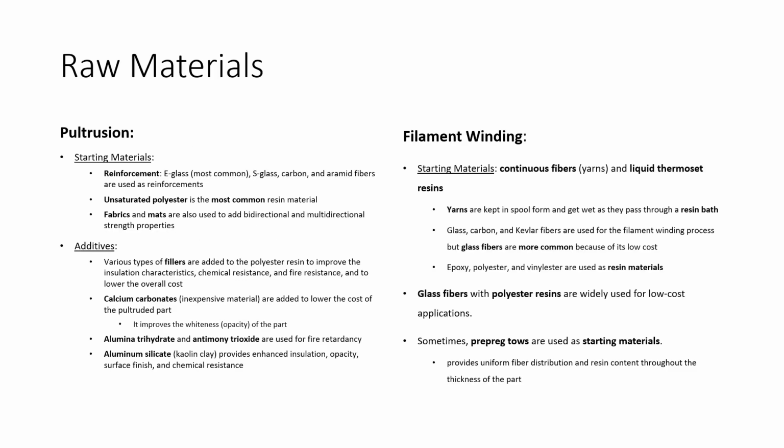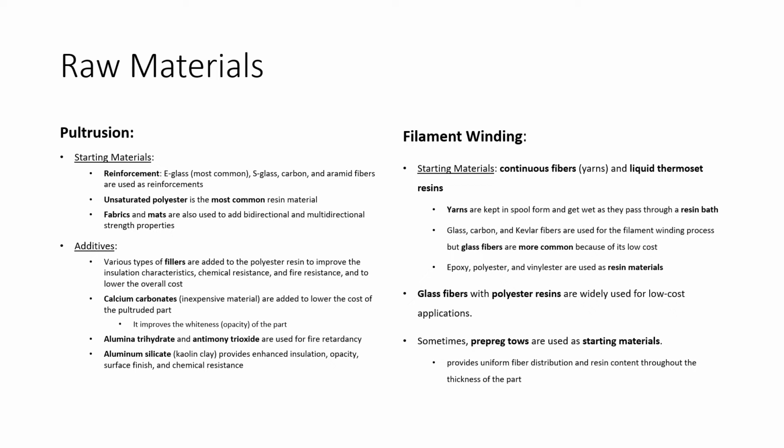The raw materials for the pultrusion process are the combination of a reinforcement and a resin, the most common being e-glass and unsaturated polyester. They usually use fabrics and mats as well to add bi- and multidirectional strength properties. Furthermore, pultrusion involves some additives such as fillers, which improve insulation characteristics, chemical resistance, and lower costs, and calcium carbonates to further lower the cost and improve opacity.